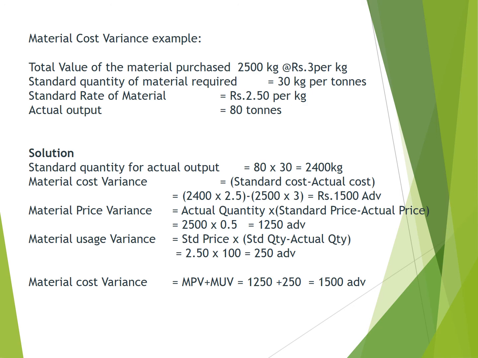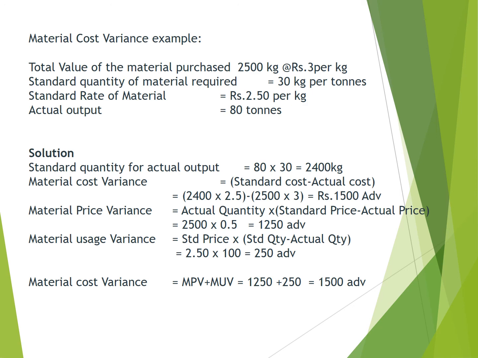Now material price variance. What is the material price variance? There is 2 rupees 50 paisa standard cost, whereas the actual cost is 3 rupees. So there is a 50 paisa difference and we purchased 2500 kg. So 1250 rupees adverse.